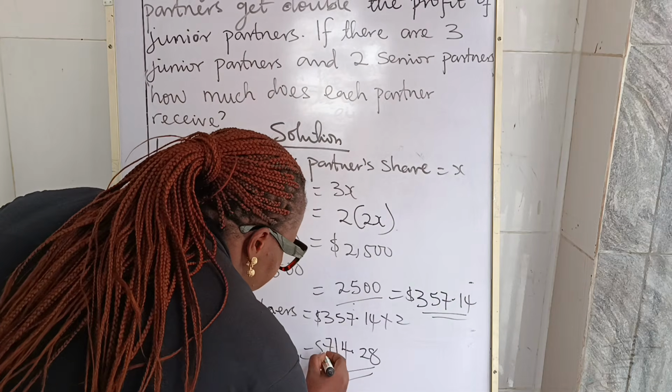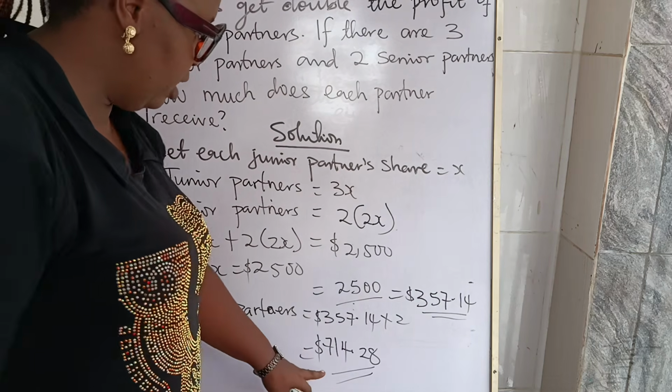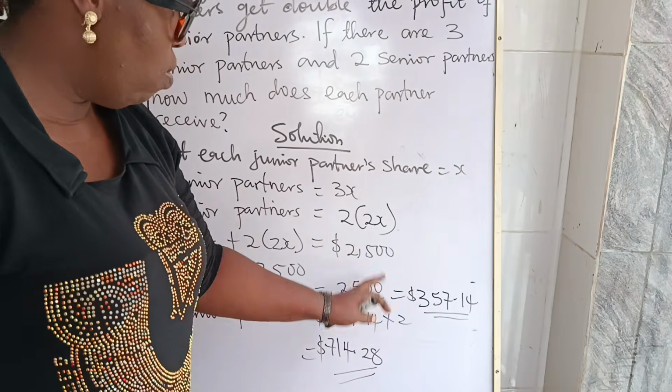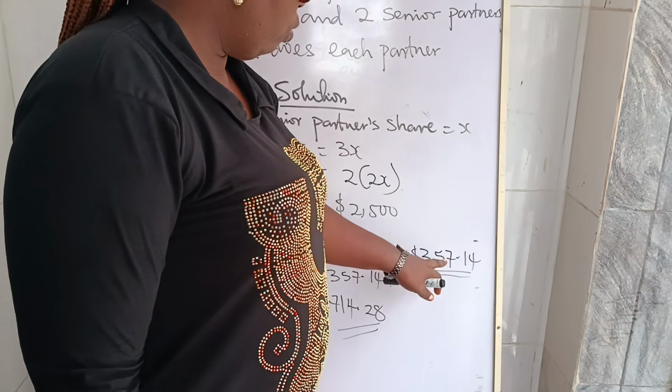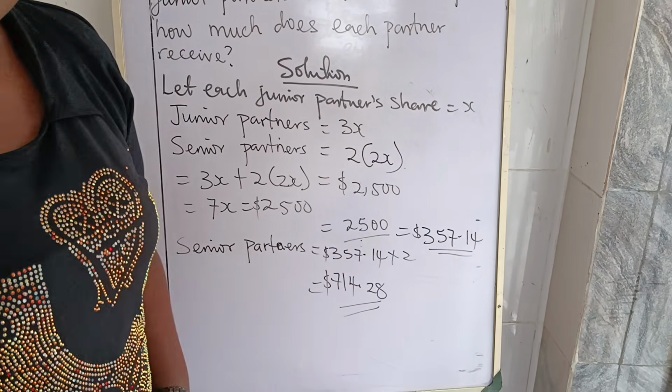So we have this for senior partners. Therefore, senior partners are getting $714.28, while the junior partners will get $357.14. Hope you understood it.